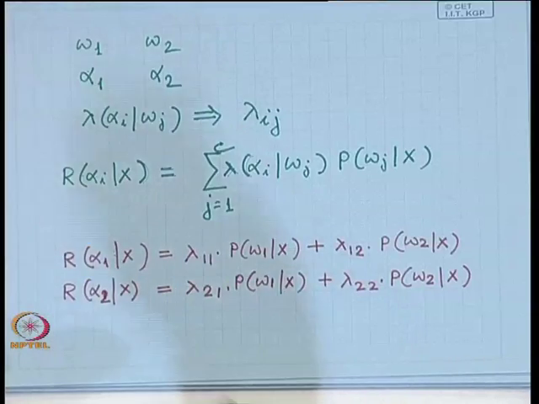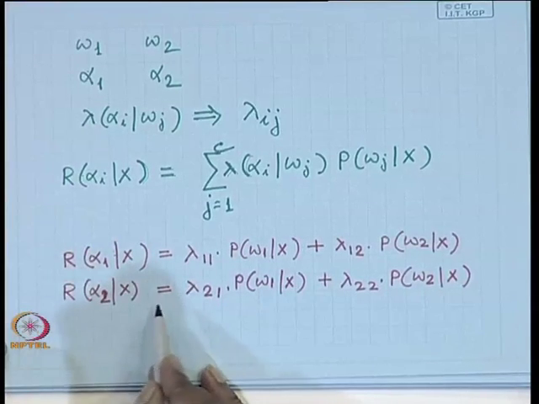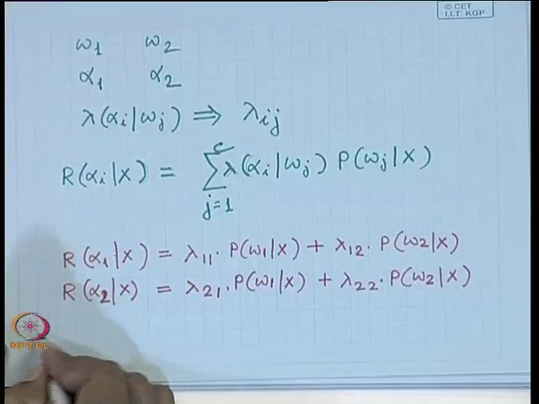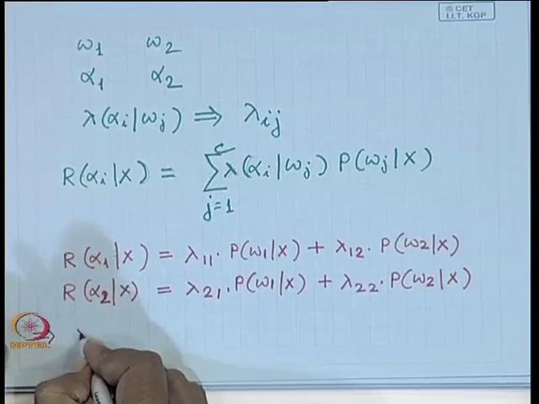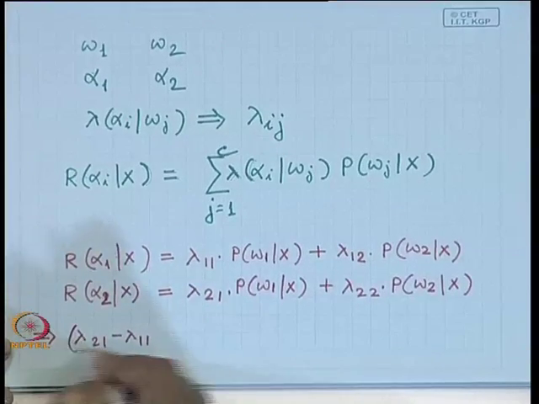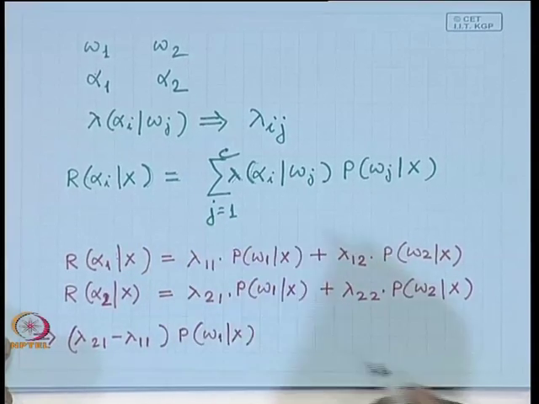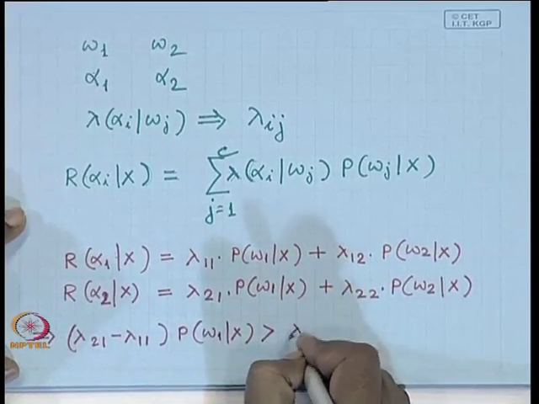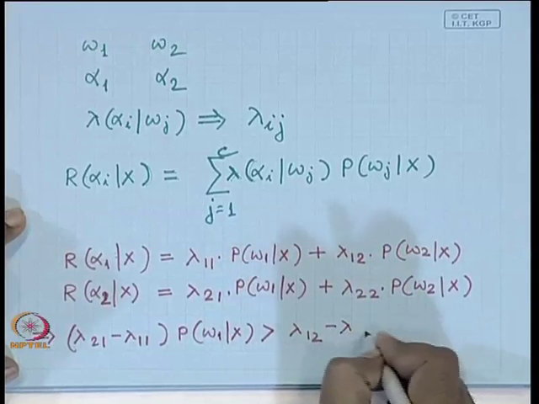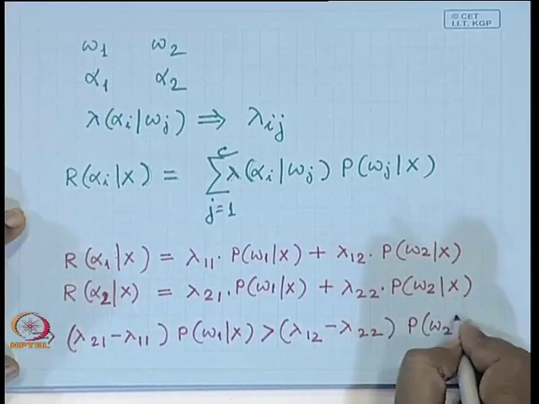So, for deciding in favor of class omega 1, or for taking action alpha 1, where r of alpha 1 given x is less than r of alpha 2 given x, you can find that this leads to the condition that lambda 2 1 minus lambda 1 1 into p of omega 1 given x has to be greater than lambda 1 2 minus lambda 2 2 into p of omega 2 given x.